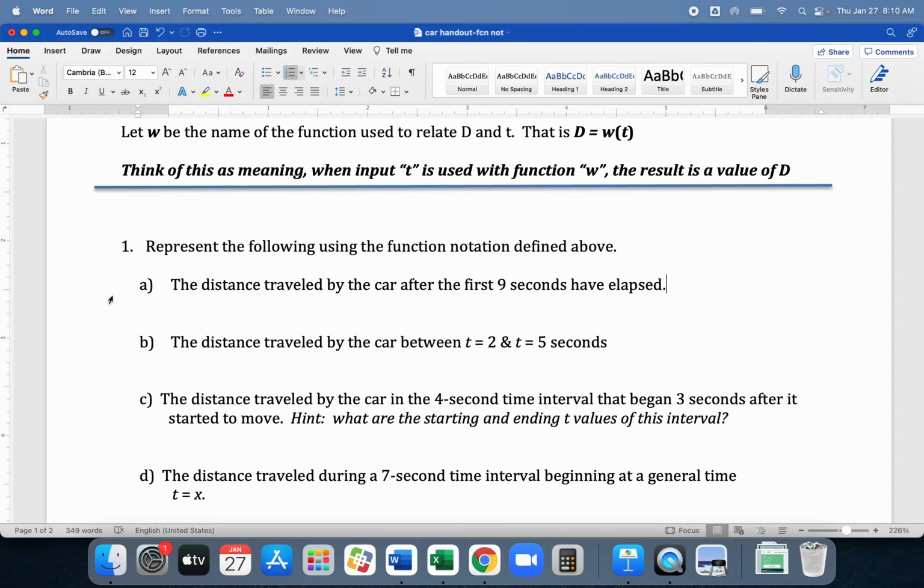So think about what time interval that is. And then part D, the distance traveled during a 7-second time interval that begins at a general time t equals x. So we're talking about distance traveled during an interval, a change in distance, delta D. D final minus D initial would maybe be something to think about here.